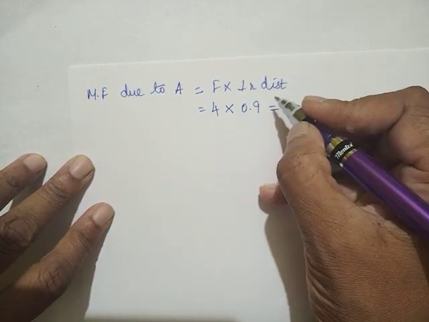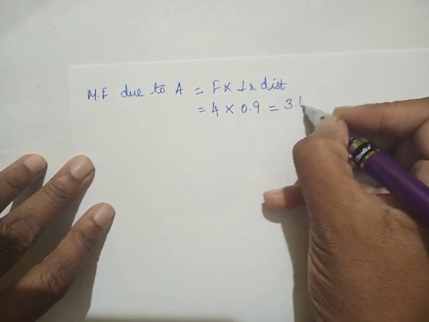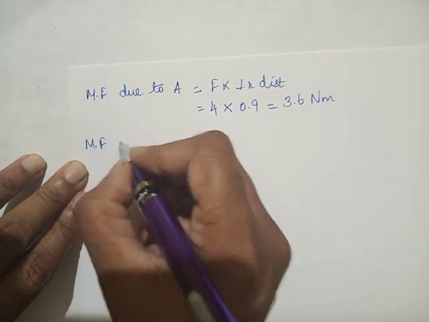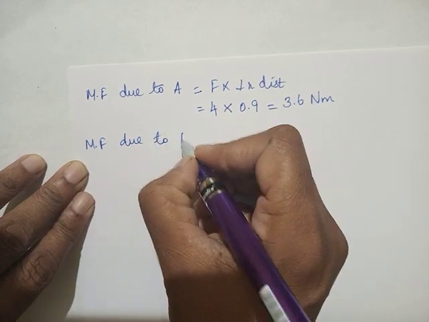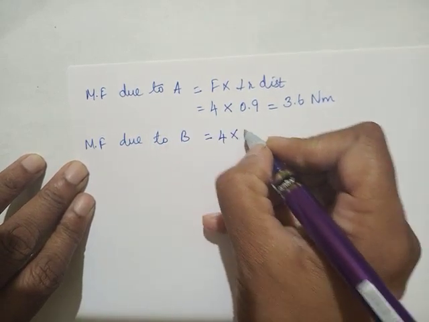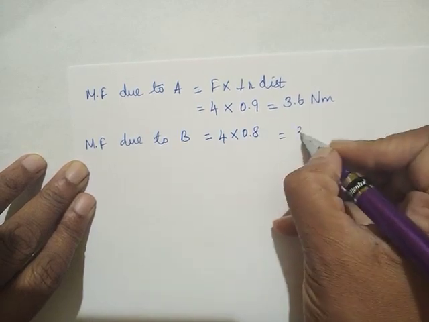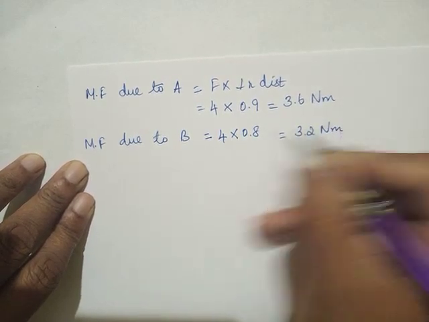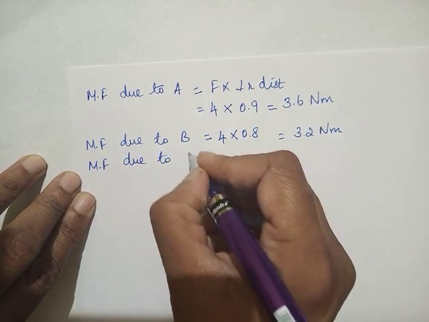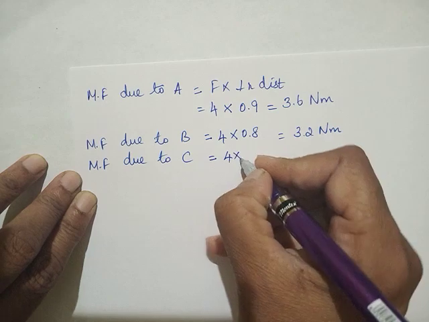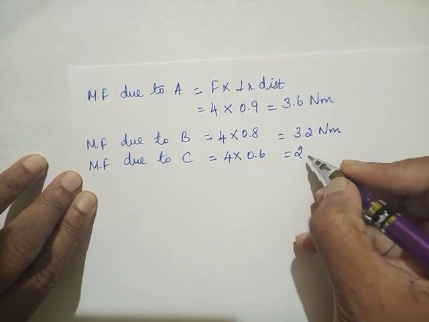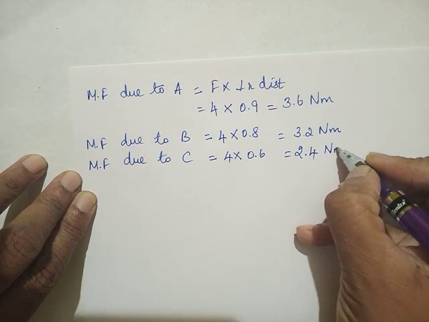That will be 4 nines are 36, or 3.6 Newton meter. Then moment of force due to B will be again 4 into 0.8, that is 3.2 Newton meter. Then moment of force due to C will be 4 into 0.6 meter. 6 fours are 24, that is 2.4 Newton meter.